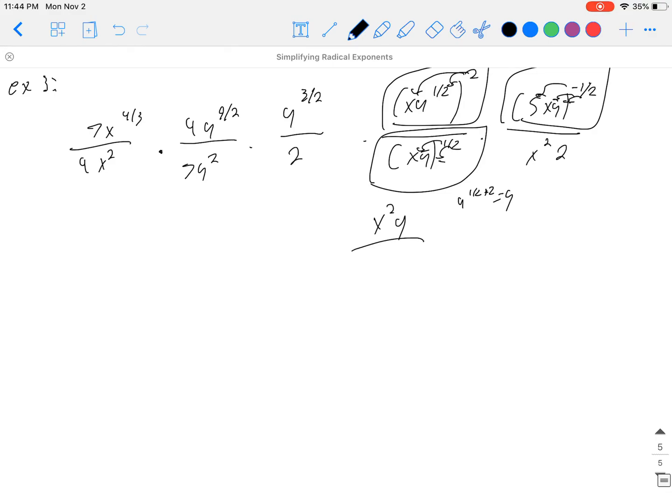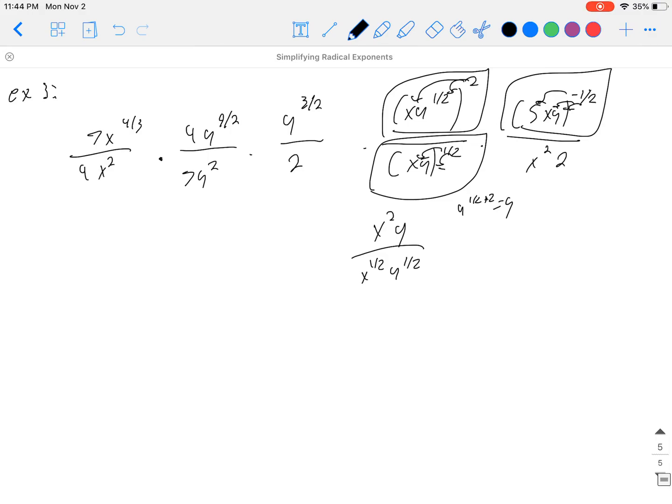Here we have x to the 1/2, y to the 1/2. And here we will have 5 to the negative 1/2, x to the negative 1/2, and y to the negative 1/2. Alright, with this simplified, we can now move on to separating the variables and the real numbers.